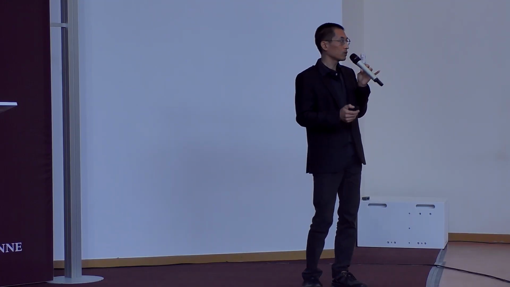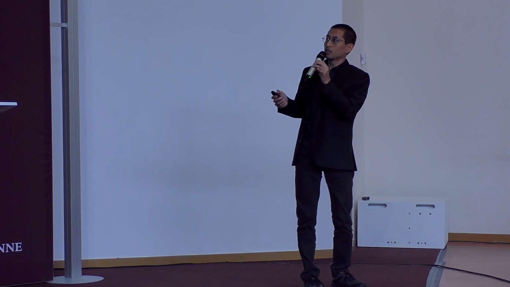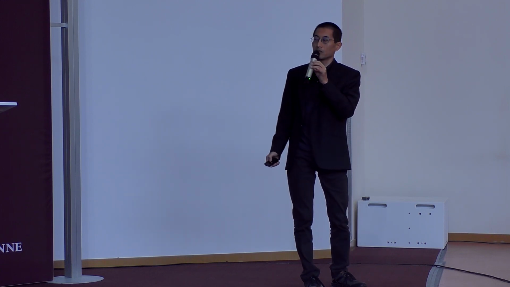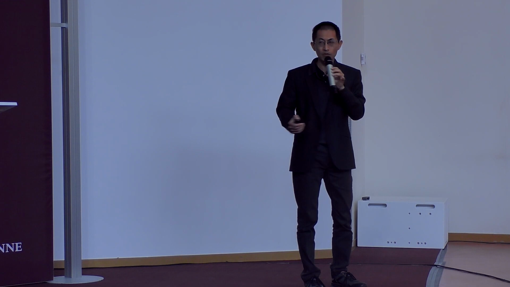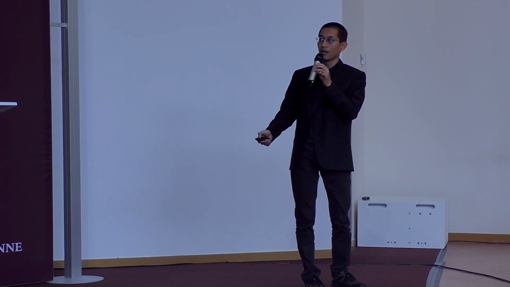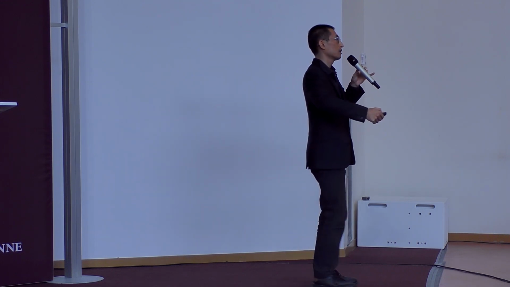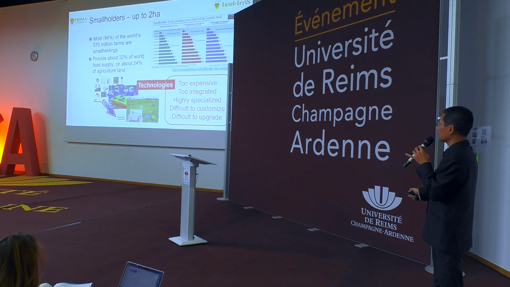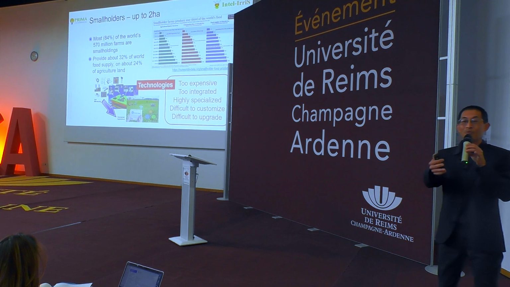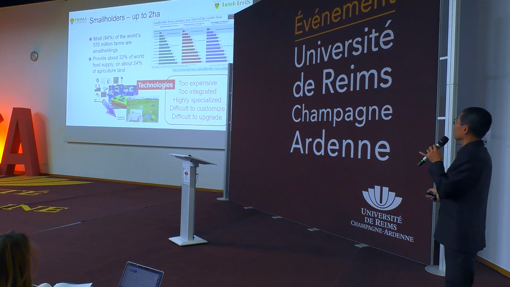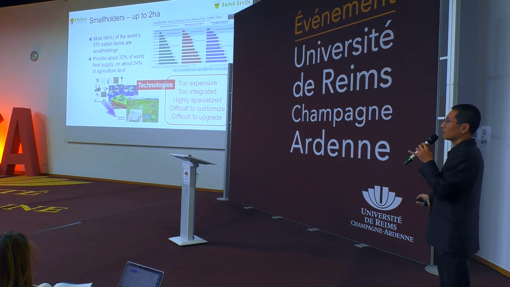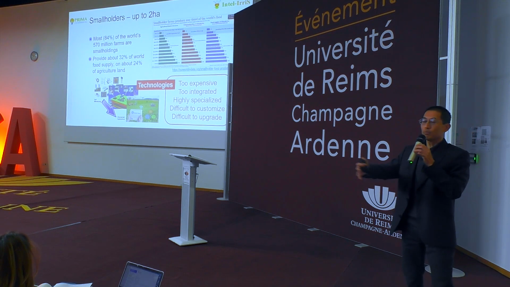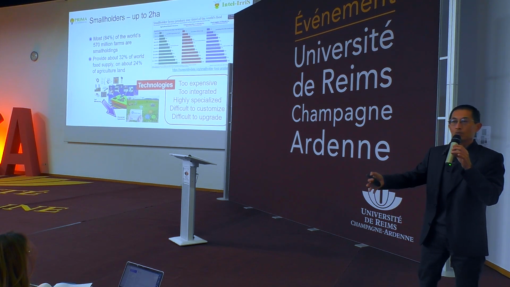So why am I showing this kind of figures? It's just because most of the technologies that have been deployed are actually targeting the big farms. For the smallholders, these technologies, robots for instance, are too expensive, too integrated, meaning that if one part fails, you cannot repair them.